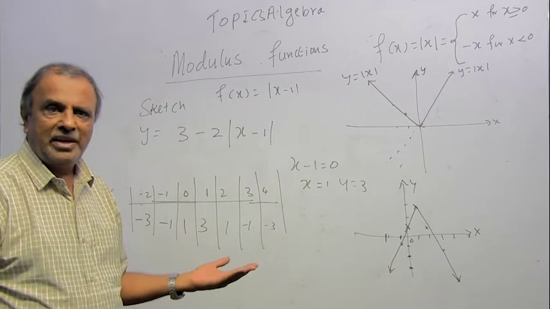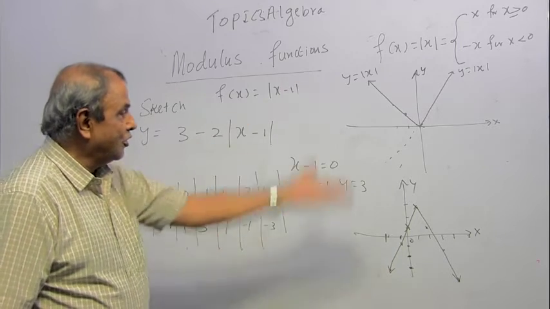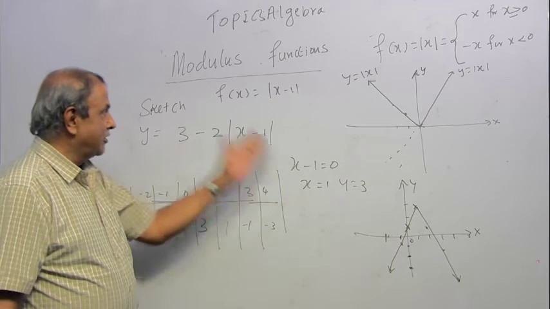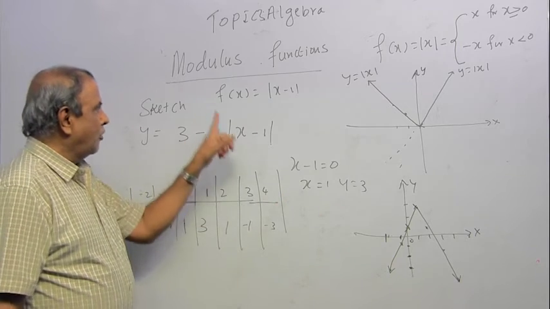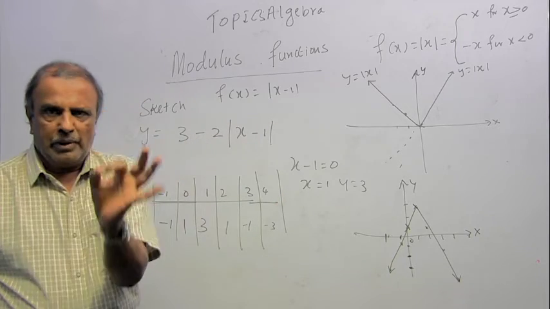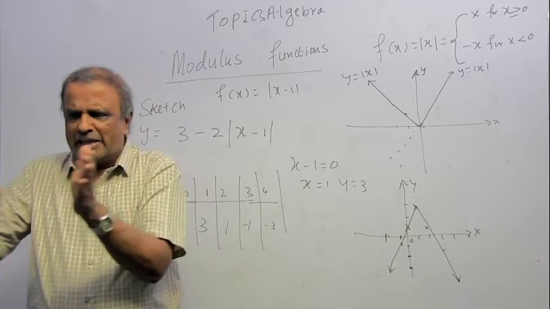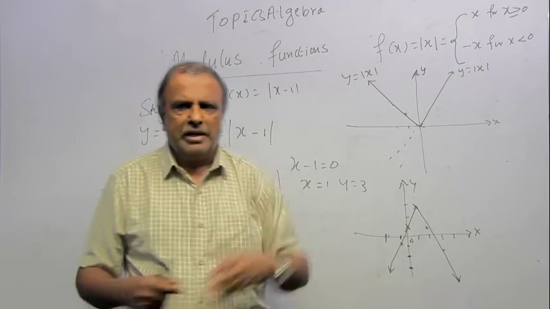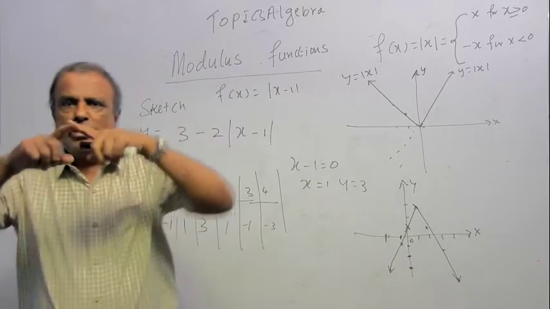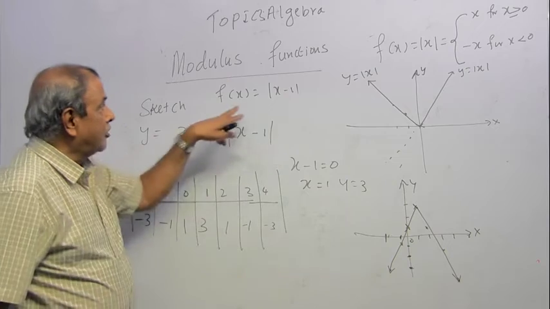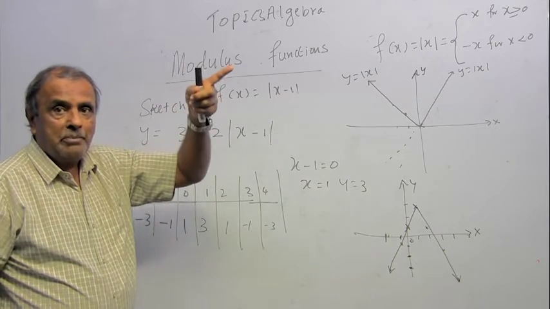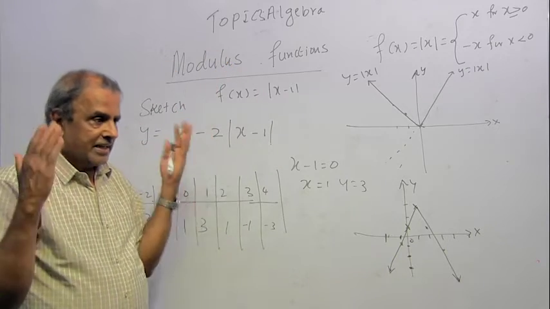So whatever is the modulus, equate it to 0. Then take 2 or 3 values to the left, 2 or 3 values to the right, plot them, join them by straight lines, because I'm only talking of ax plus b.